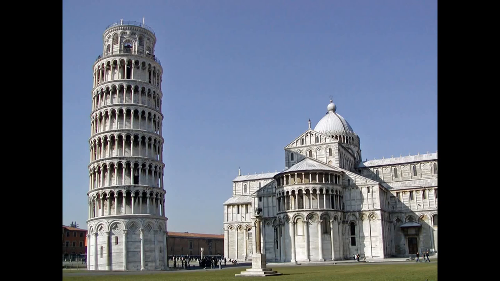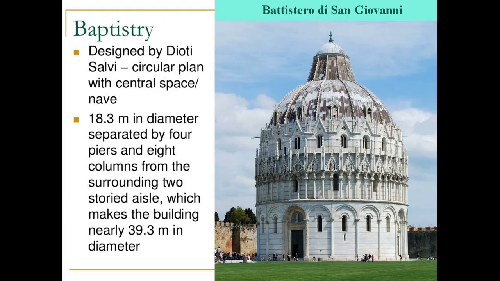Actually, Pisa Cathedral is extremely decorative, so we'll see the great usage of different marbles that cover and lay the facade of all these three structures. The baptistery itself was designed by Diotisalvi. It has a circular plan with a central space, or in other words, a nave.